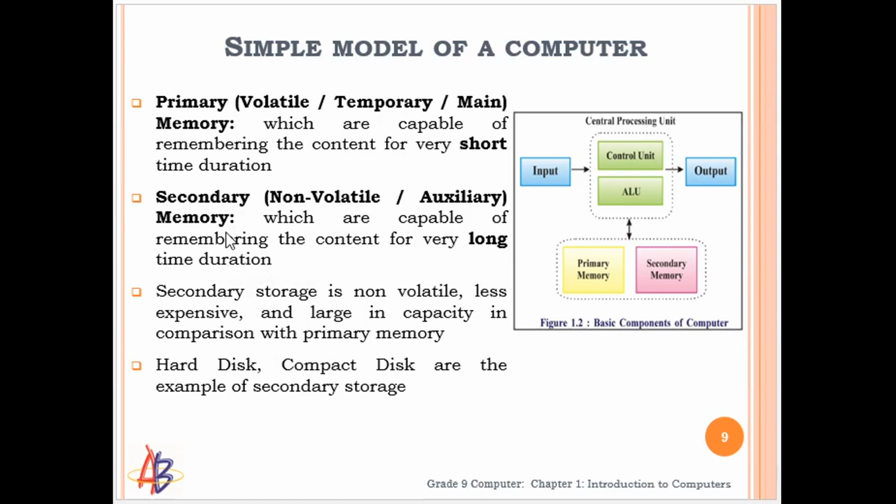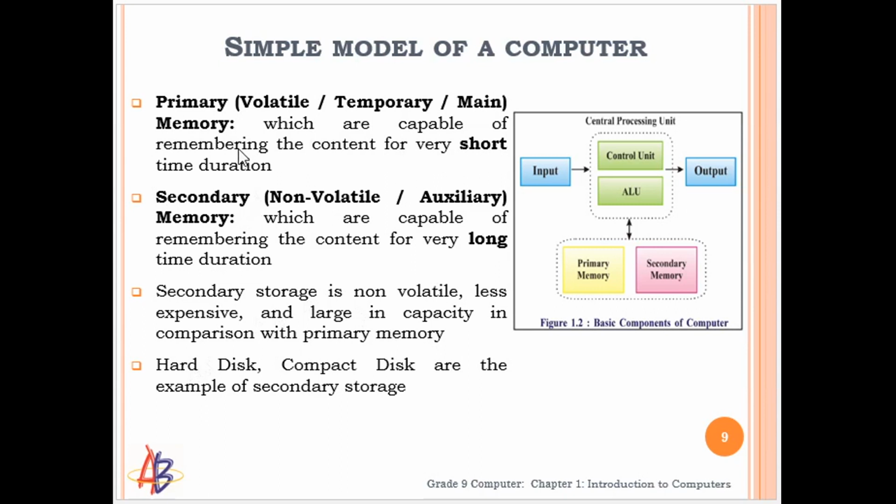If we compare primary memory with secondary memory, then we can say that secondary storage is non-volatile, less expensive and large in capacity in comparison with primary memory. For this chapter only remember this, because we have a whole chapter on memory, chapter number 4, in which we will deeply study what is primary memory, what is secondary memory, and all those things.